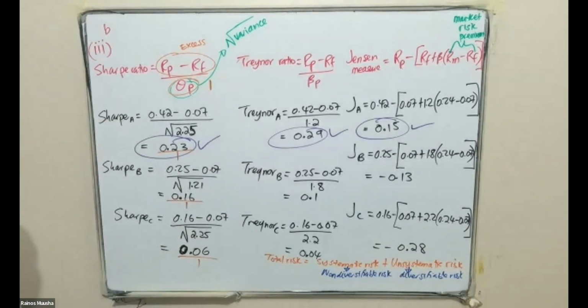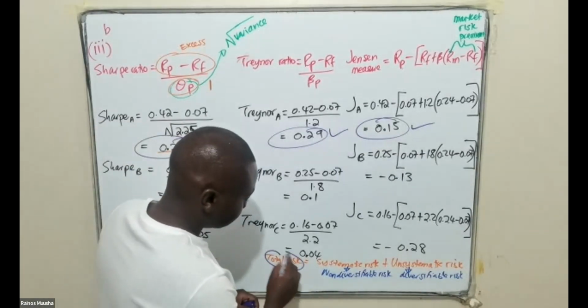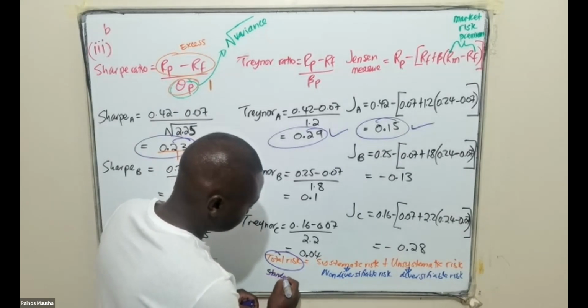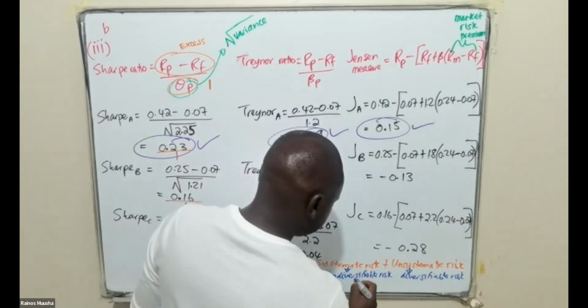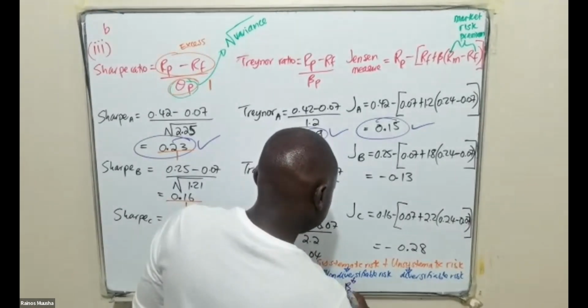And then we also see that your total risk is measured by the standard deviation. And your systematic risk is measured by the beta.